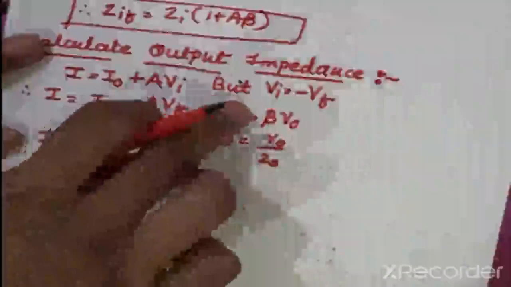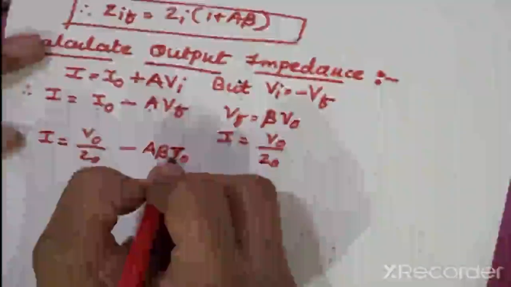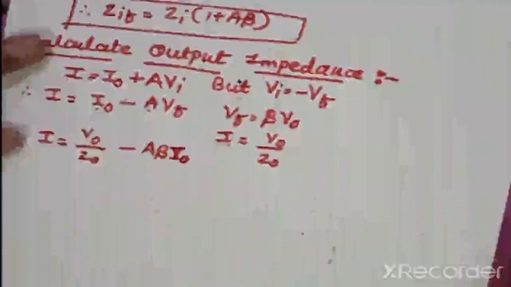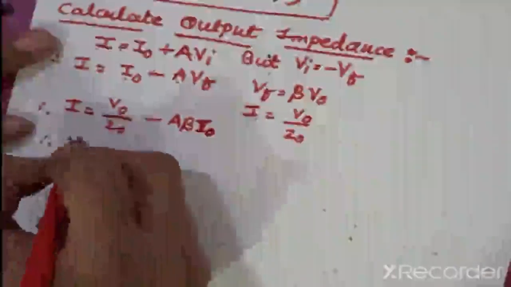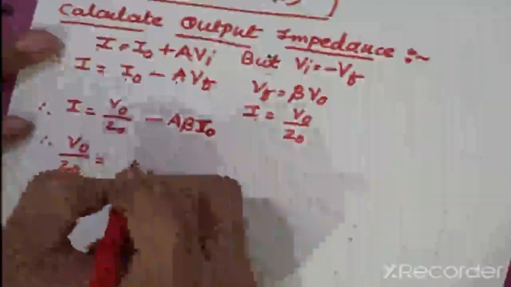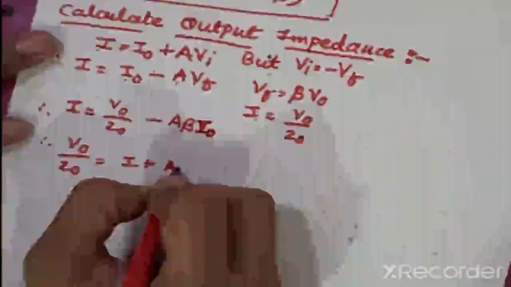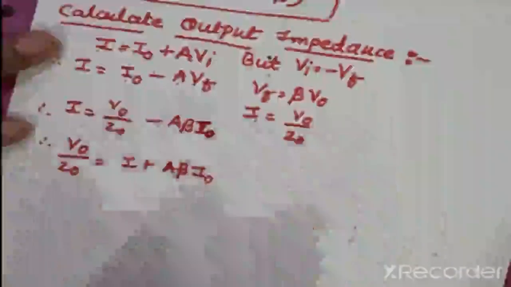In this case we can write Io, as it is current sampling. Therefore V upon Zo is equal to I plus A beta Io.